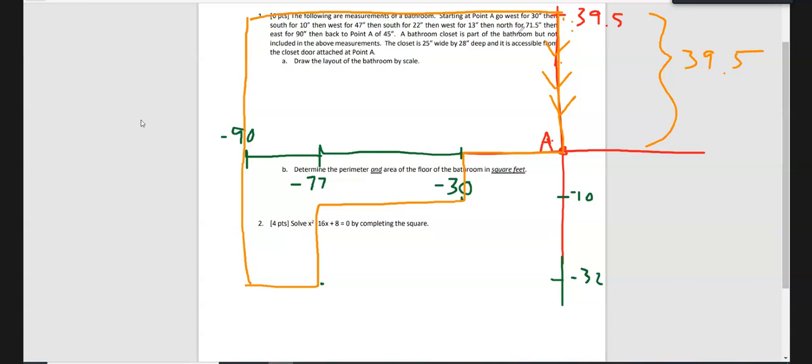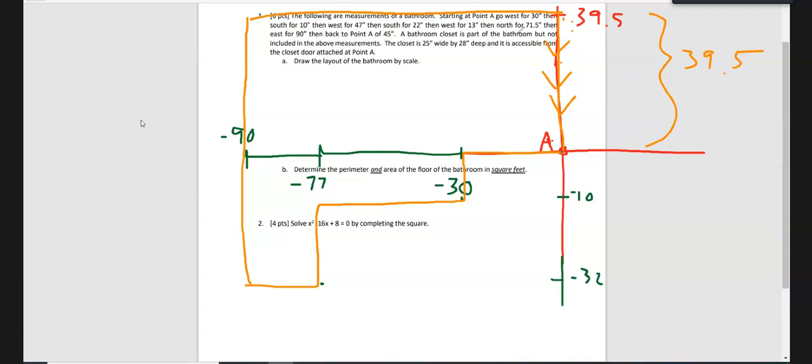The closet is 25 by 28 and is accessible from the closet door attached at point A. Okay, 25 by 28. Okay, and it's attached at point A.